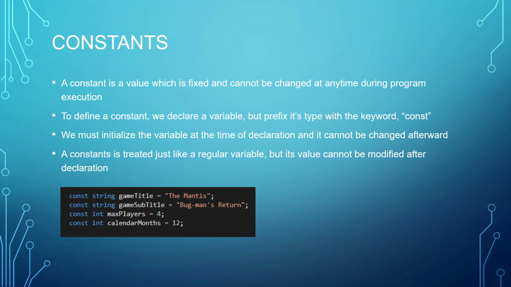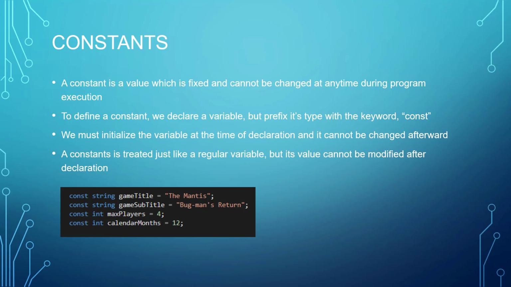Finally, another example of this would be we've declared an integer, made it constant, we've named it calendar months, and we've assigned a value of 12 to it. So the main thing to understand about a constant is it is simply a variable, but it cannot change after it's been initialized, and it must be initialized at the time of declaration.